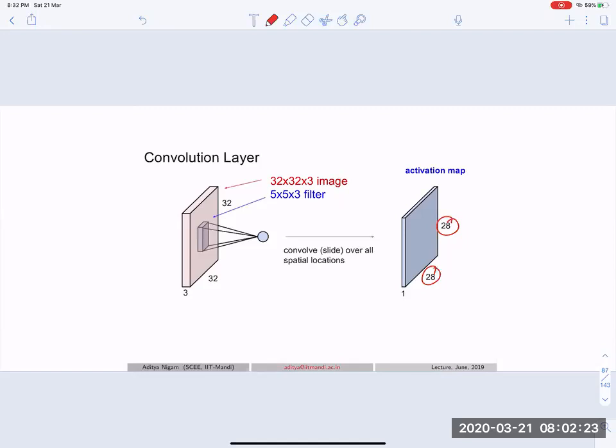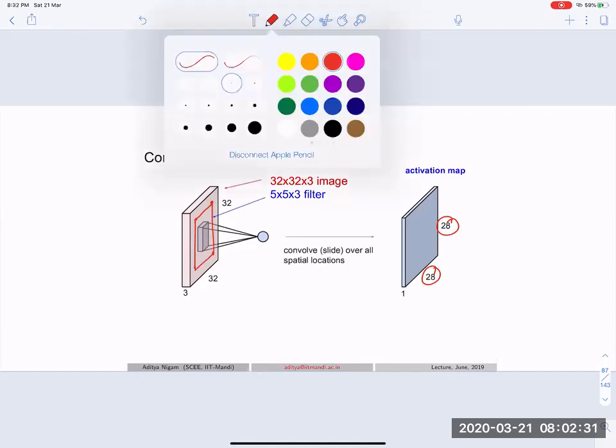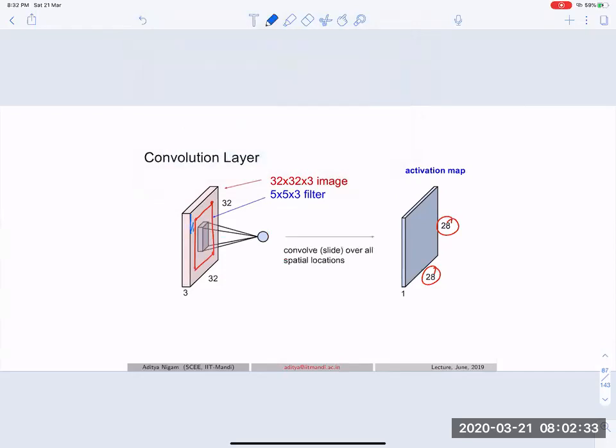Now I guess you can understand that you will not be able to apply your filter here, because these pixels do not have every possible neighborhood. As I have said, because it's a 5x5 filter, it's actually like this.